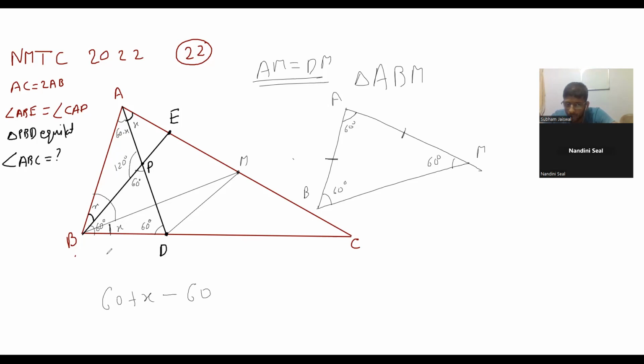So maybe we did not get exactly what we wanted. Right, so that is 60, that is also x, and so this is also x.